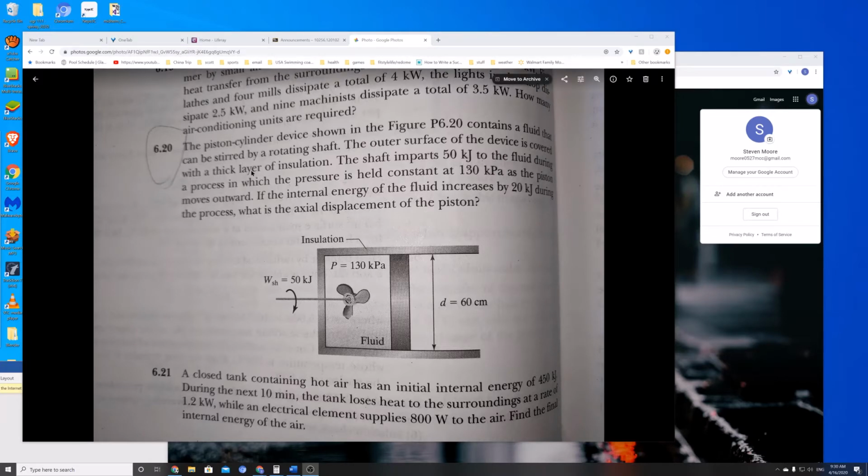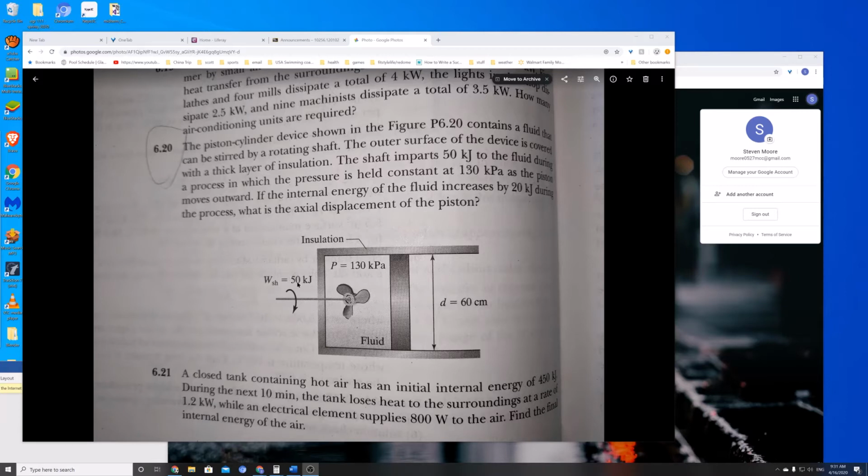So we have a thick layer of insulation, so we can make the assumption that there's no heat leaving this cylinder. And there's no information on here about any heat that's coming in, right? So you're only doing shaft work inside of this.